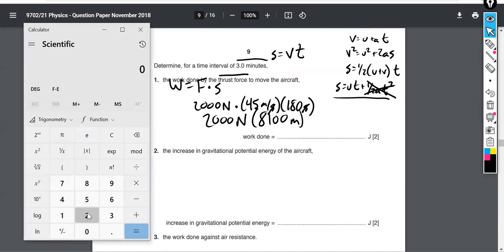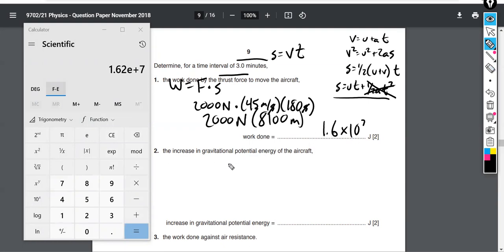All right, so we got 2,000 times 8,100, and then 1.62 times 10 to the 7, or you could think about significant digits, 1.6 times 10 to the 7 joules. So this is 3.0 minutes, right? They sort of set the significant digits right here. So you could probably record 1.62 or just 1.6.